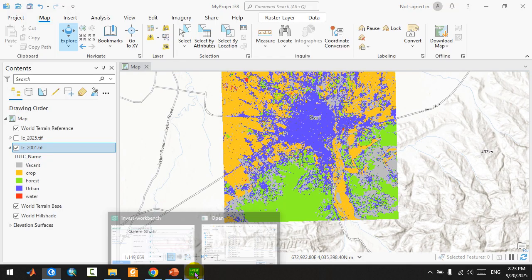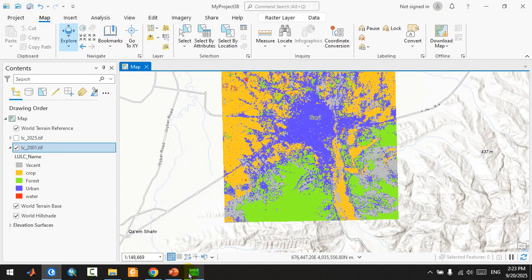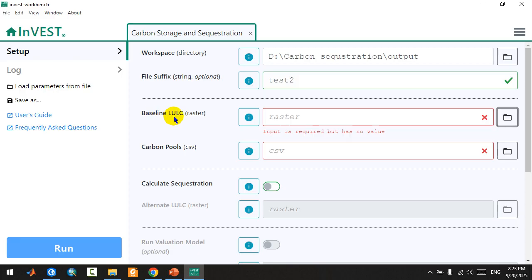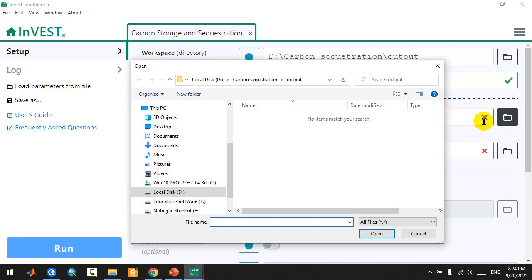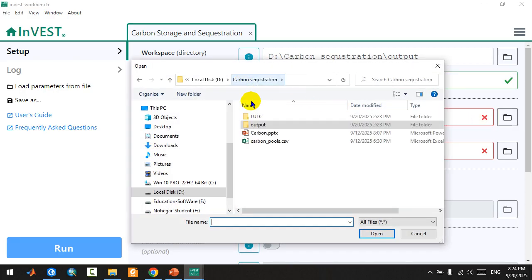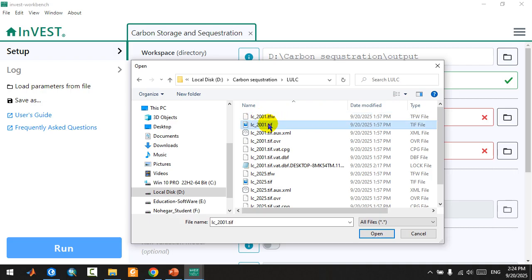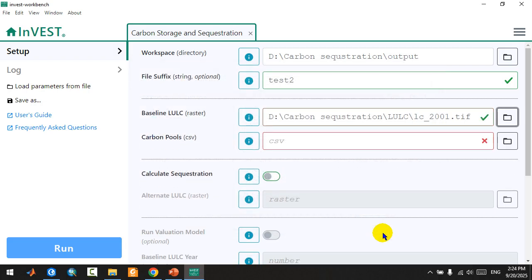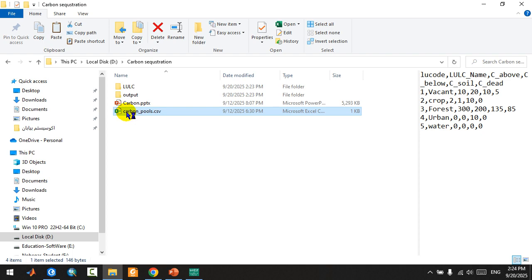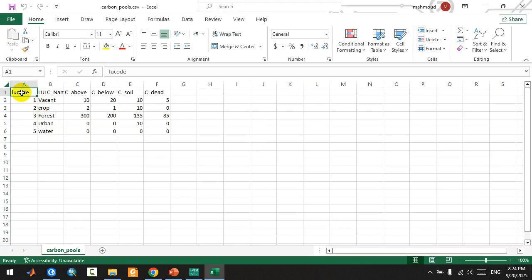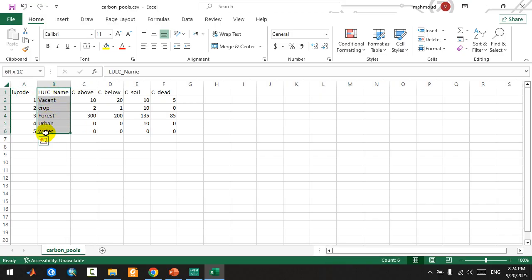Okay, then the baseline LULC is the TIF format. Okay, carbon pools, the Excel, is the CSV format. Okay, this table is set by the raster file LULC and the four carbon pools.